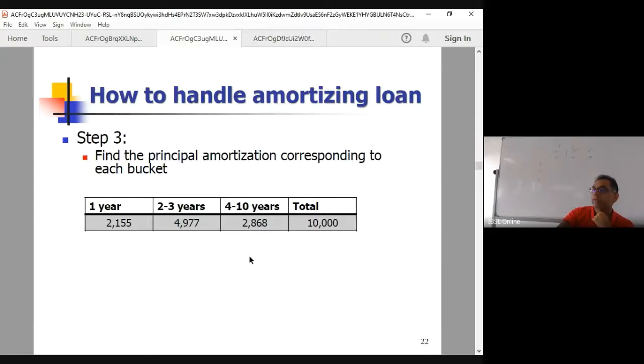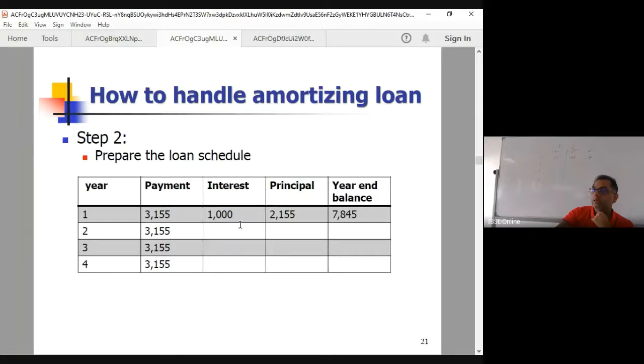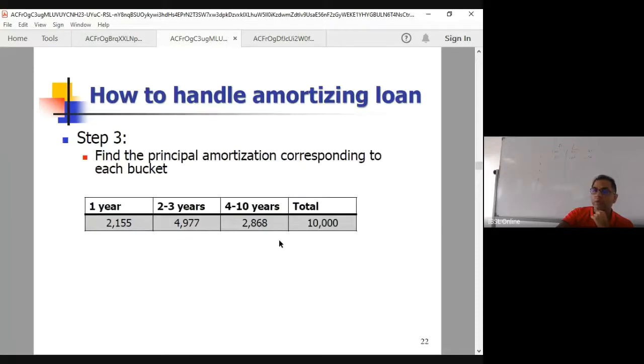So in other words, you need to know what the interest component is, so that you can determine what principal amount you get paid every year in this case. If not, you will not be able to calculate this. And if you can't calculate this, you can't actually slot the correct amount of assets that you are going to have maturing for you at that particular time period.